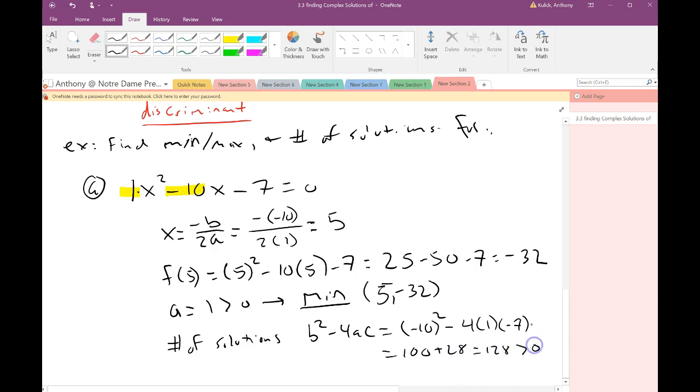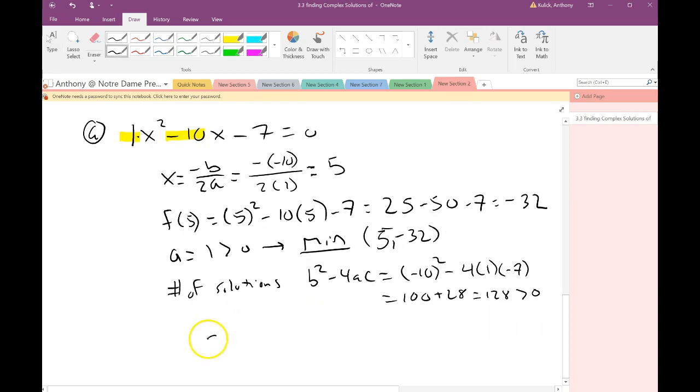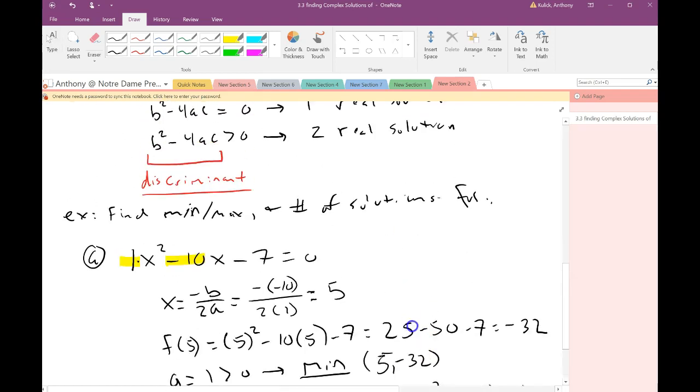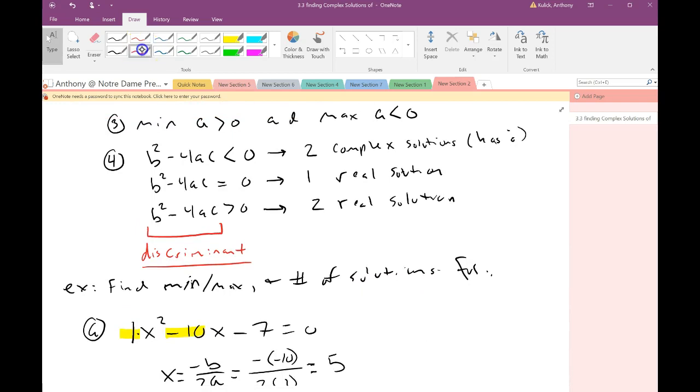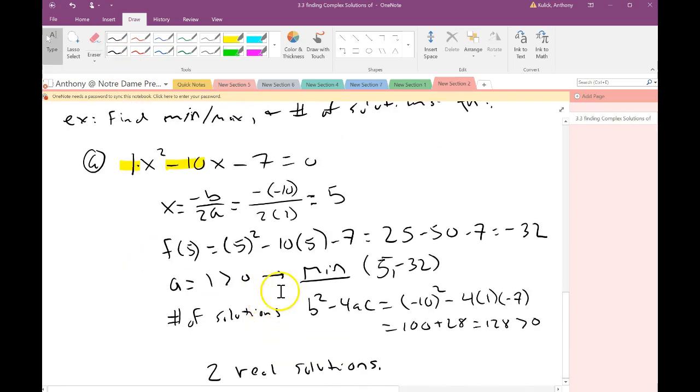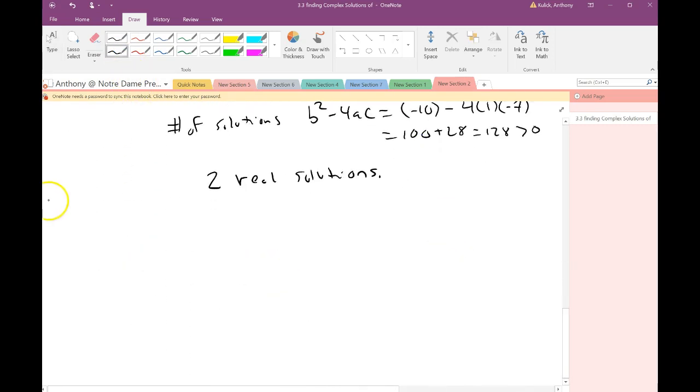And clearly this is bigger than 0, so I'd say 2 real solutions. Hopefully that's okay. Again, I got 2 real solutions by using this criteria. So now we'll move on.